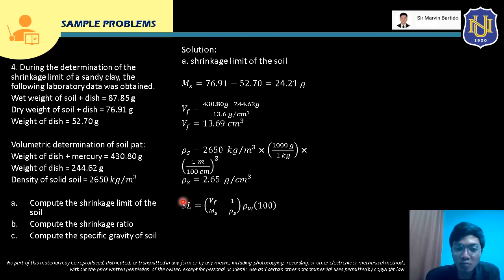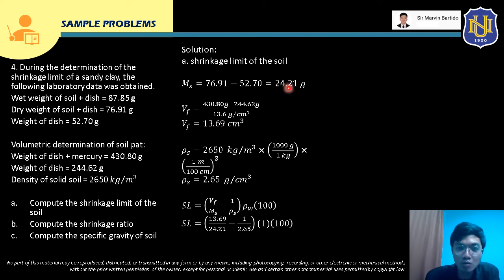So ito yung formula natin, yung alternative formula natin. SL is equal to V sub F, given yan, M sub S, given yan, 1 over rho sub S, given yan, rho sub water, alam natin yung value niyan, times 100. So substitute lang natin mga values. V sub F, 13.69 centimeter cube.